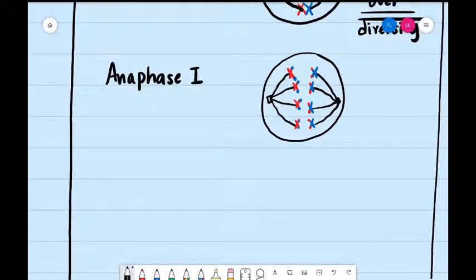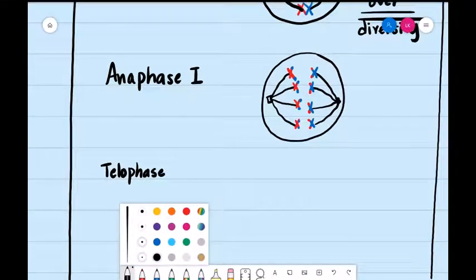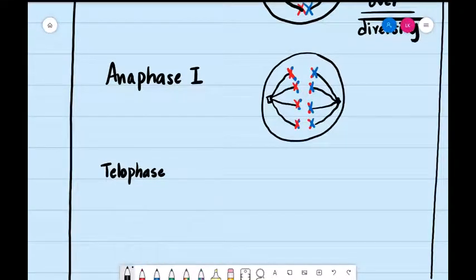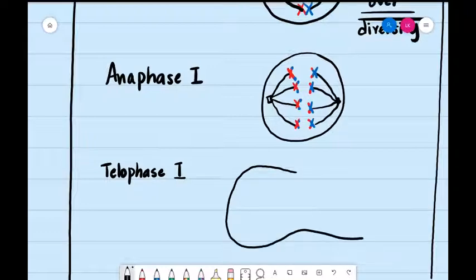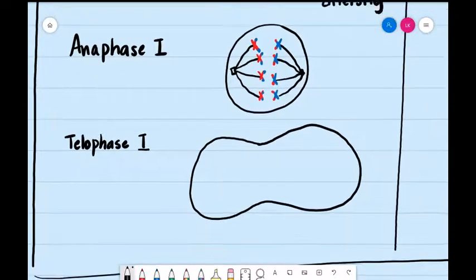And telophase 1. Yes, we have our cleavage furrow that's happening.